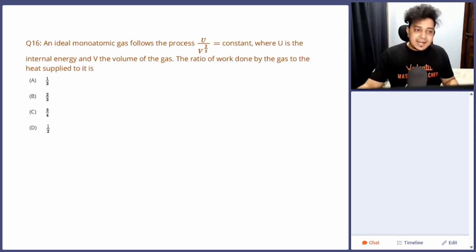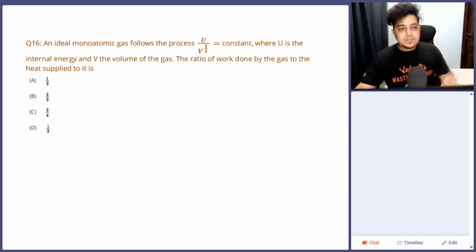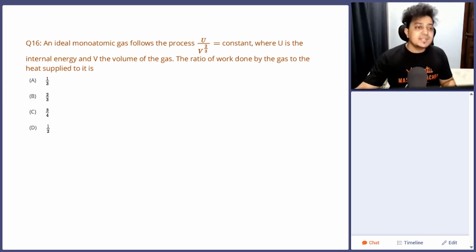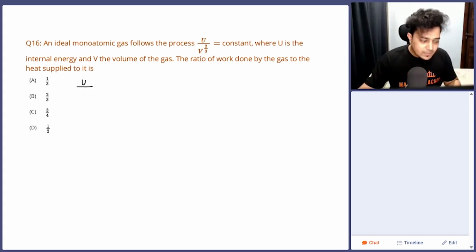Question on your screen. An ideal monatomic gas follows the process U by V raised to 2 by 3 equal to constant, where U is internal energy and V is volume of the gas. The ratio of the work done by the gas to heat supplied to it is? Okay, so we can notice that U by V raised to 2 by 3 is constant.